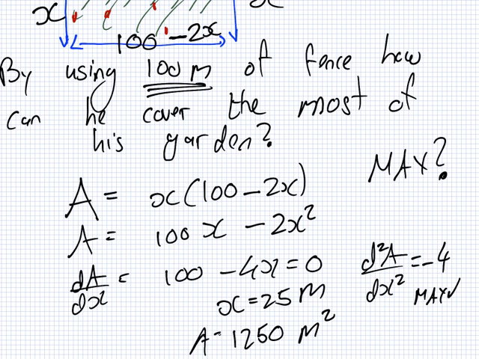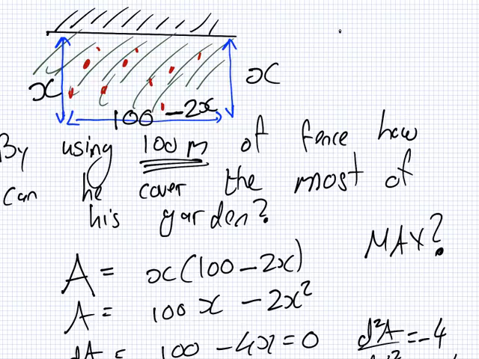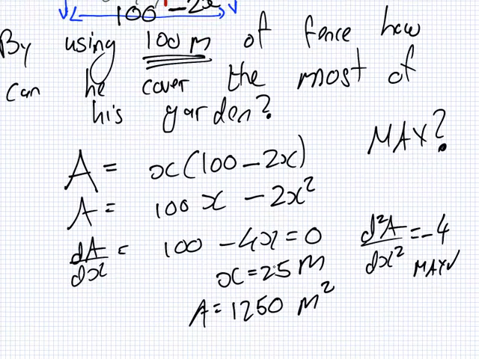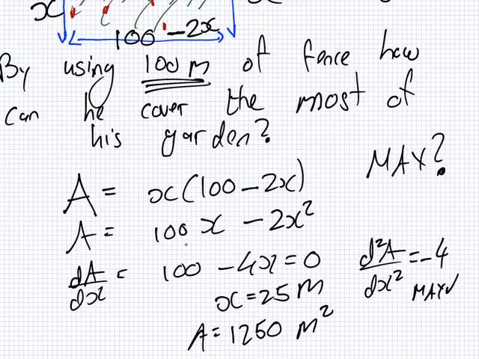So the best shape he should use is 25 here, 25 here, and then 100 minus 50, which is 50. This is the best shape for him to use. It gives him the most area. Any other shape will give him less area. So this is the best way to use his fence, to make a 25, a 50, and a 25 shape.